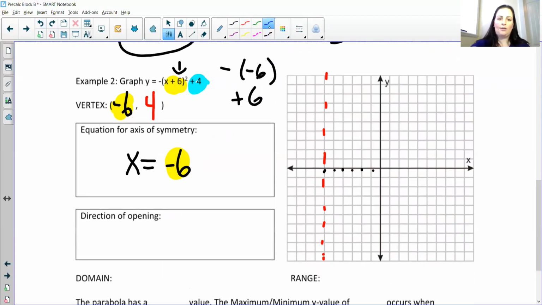All right, so here we go up 1, 2, 3, 4, and here is our vertex. Okay, that's at the coordinate where x is -6 and y is 4.